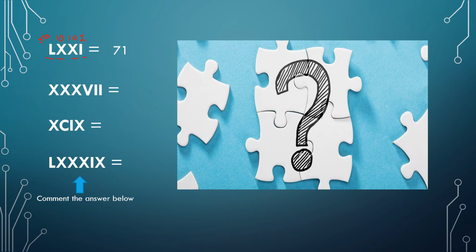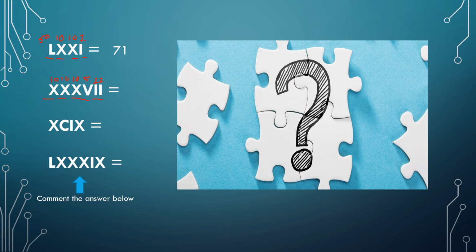Now what do you think this Roman numeral represents? X, which is 10, another X, and V is 5. Remember, 1 and 1.